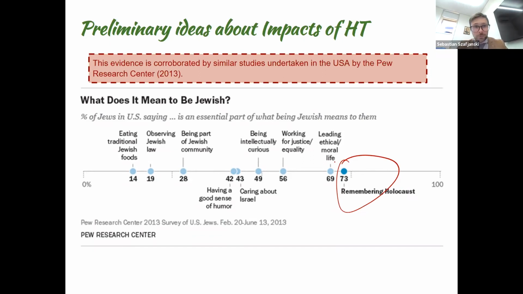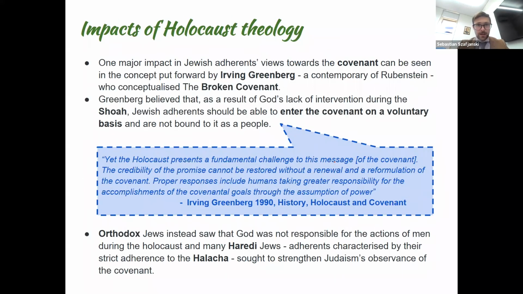This is not just a one-off study. These studies have been done where hubs of Jewish adherents are present, and there is always this prevailing idea that Judaism must remember the Holocaust. It's fundamental to their identity. And now let's have a look at Holocaust theology as we move on to the impact.